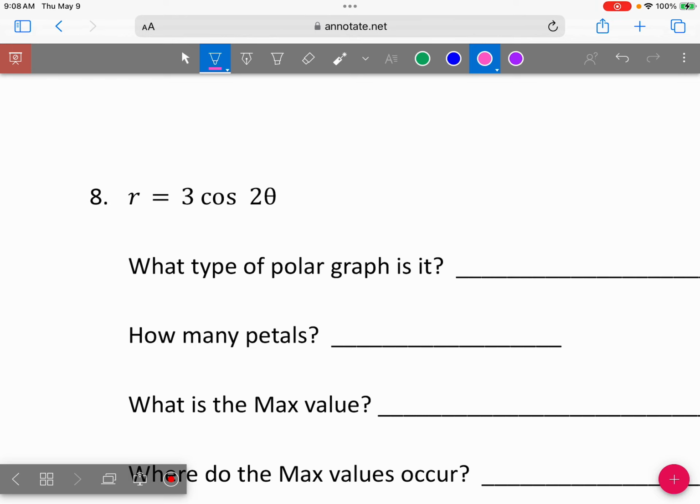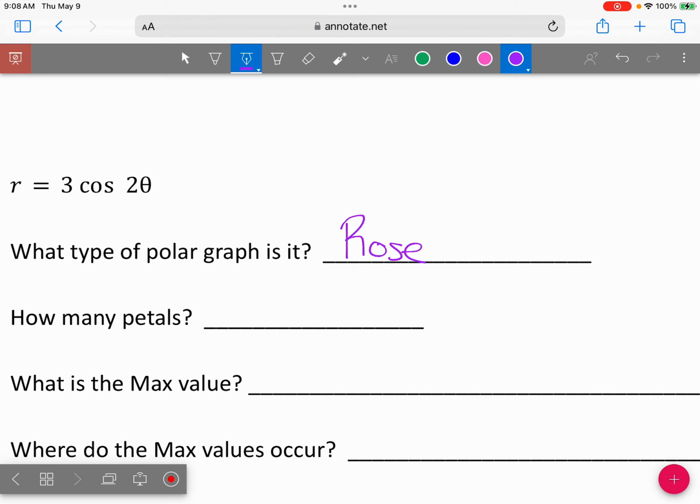So what kind of graph is this? This is a rose. Does this rose have an even n or an odd n? Even, because our n is that 2.